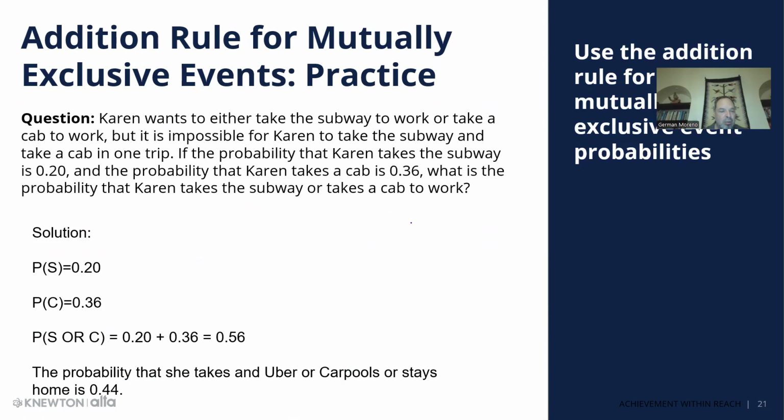And so whenever they ask for probability of this or that, remember the or means you combine the two sets, and you're looking for the keyword that tells you the phrase mutually exclusive, or the situation is hopefully clearly or obviously a mutually exclusive situation.